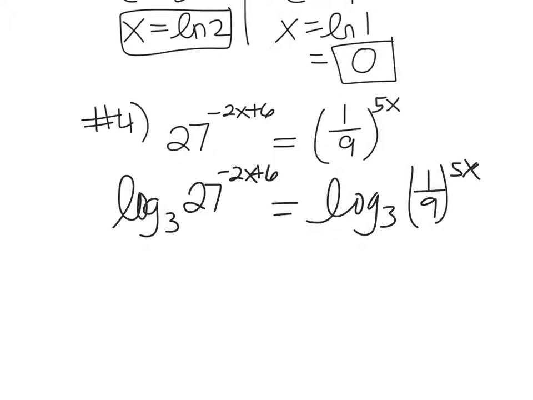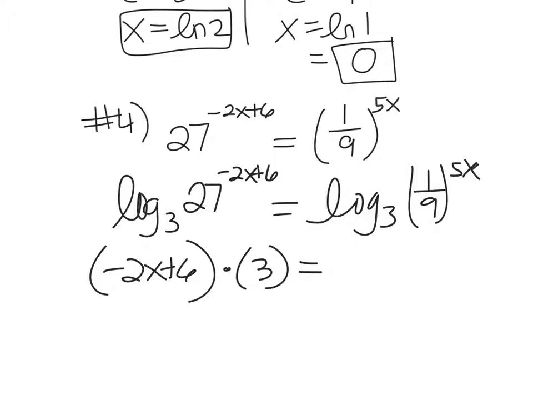Would it help at all if, like, this would be 3 cubed, and that's 3 to the negative 2? You could do it that way. Yeah, so I'm going to bring the negative 2x plus 6 down, and then I'm going to evaluate log 27 base 3. What is log 27 base 3? 3.